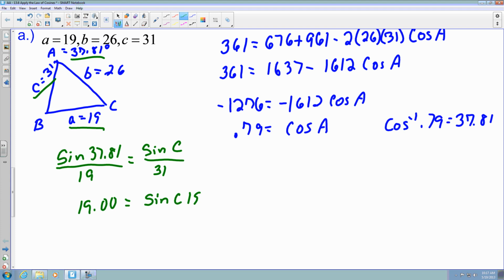So let's say 1 is the sine of C roughly, and the inverse sine of 1 is what, 90 degrees, so apparently it's roughly 90 degrees. And then if I take 180, subtract 37.81, and subtract 90, I get roughly 52.19 degrees. Okay.